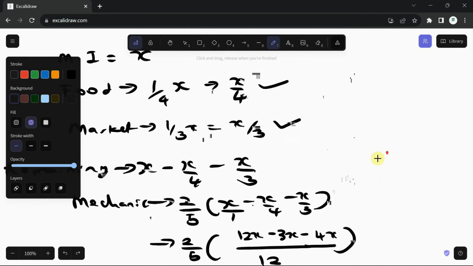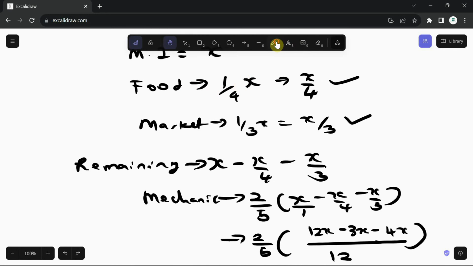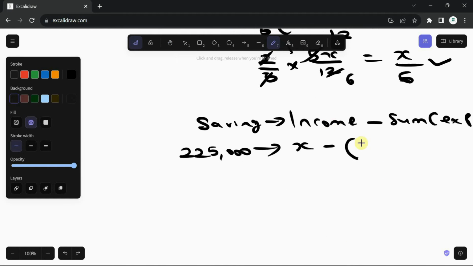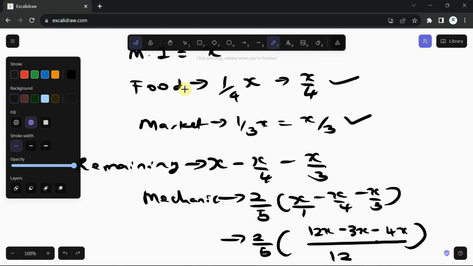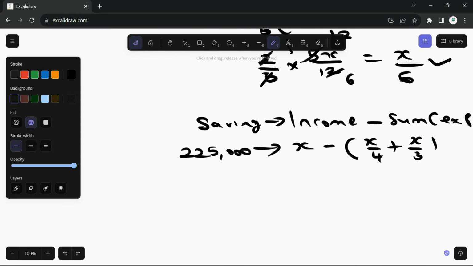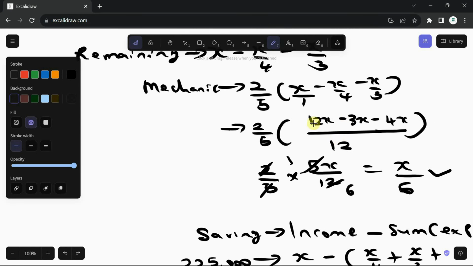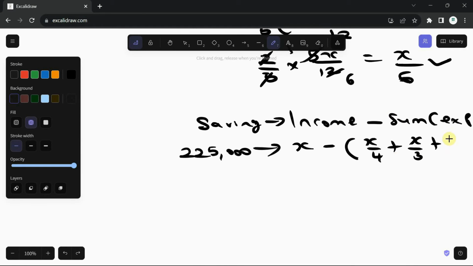Her expenses are what she spent on food first, which is x over 4, plus what she spent in the market, which is x over 3, plus what she spent on the mechanic, which is x over 6. That will give me her savings.